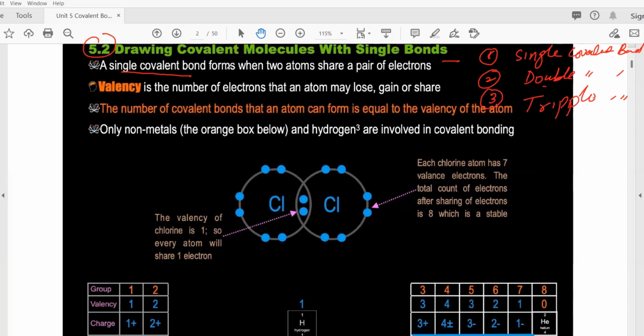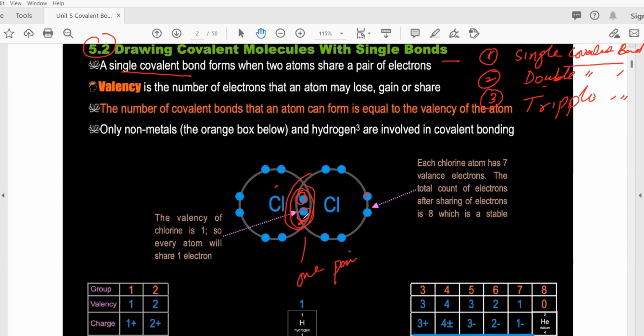Now, this chlorine atom is sharing one electron here, and this chlorine atom is also sharing one electron. So how many pairs are you getting? One pair of electrons. So at that time, this covalent bond is known as a single covalent bond.